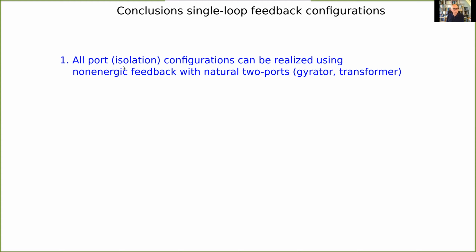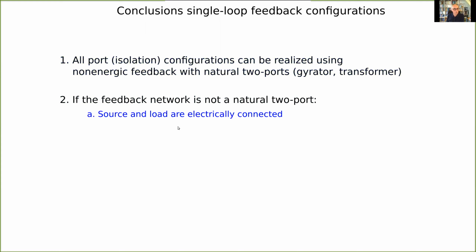We have seen that all port isolation configurations can be realized using non-inertial feedback with natural 2 ports, gyrators or transformers. But gyrators do not exist, so we have a problem there. If the feedback network is not a natural 2-port, we have seen this with passive feedback, then the source and load are electrically connected somehow, and the sign of the transfer depends on the amplifier type.